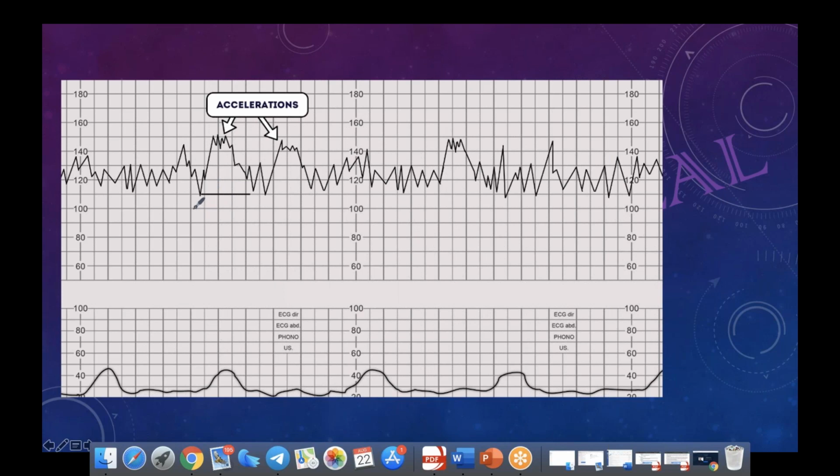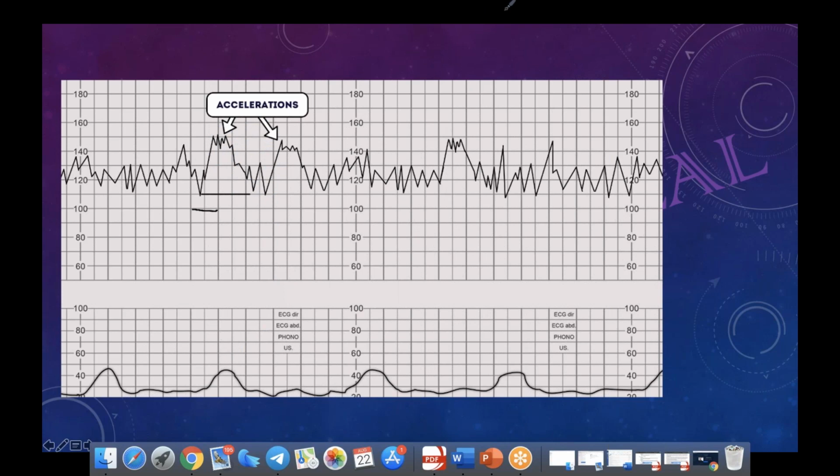So this is around 90 seconds, right? Sorry, this is 1 minute, and this will be 30 seconds. So it is not 45, it is more than 90 seconds, and it is more than 4 beats. 4 beats means 20 beats per minute. So this fulfills our definition. So it is a significant acceleration.